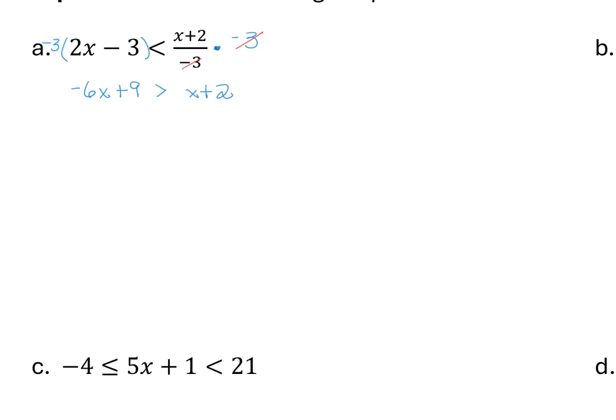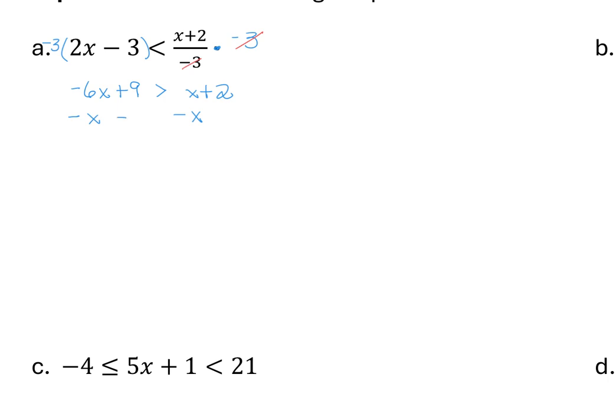From here, we want to go ahead and get all of our variables on one side and constants on the other. Again, remember, it doesn't matter which side you move them to. Me personally, when I'm working with inequalities, I like to always have my variables on the left. So I'm going to subtract the x.